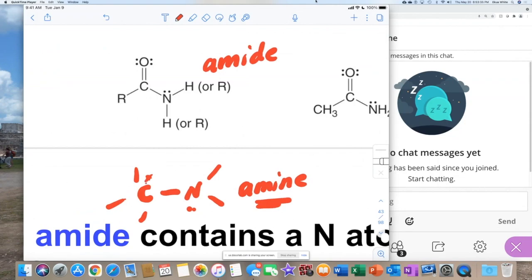This carbon here is actually a carbonyl carbon versus just a regular carbon. So you have amide and amine, and these compounds behave very differently. The good thing is that you have access to your notes during the exam and your homework, so you want to make sure you have the right combination of letters and the right nomenclature. So you have carbonyl here, and then you have these right here. Okay, so carbonyl carbon attached to a nitrogen makes an amide. A regular carbon attached to a nitrogen makes an amine.